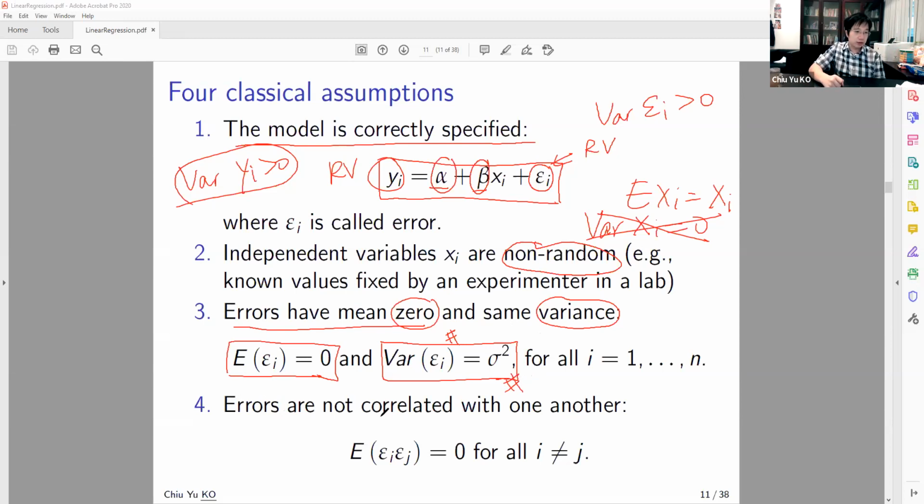And the next one is also a little bit problematic: the errors are not correlated with one another. This is also an issue when you talk about financial data.